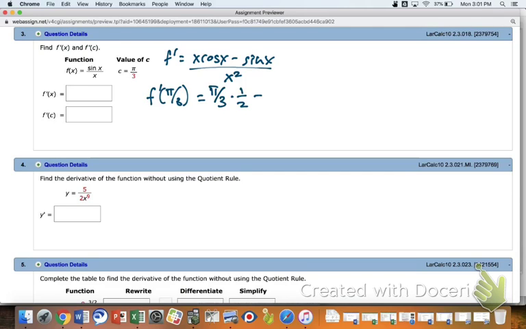Then sine of pi over 3 is root 3 over 2. And then that would all be over pi over 3 quantity squared. You could clean it up a little bit: pi over 6 minus root 3 over 2, over pi squared over 9.